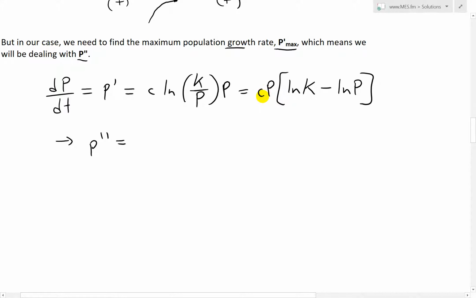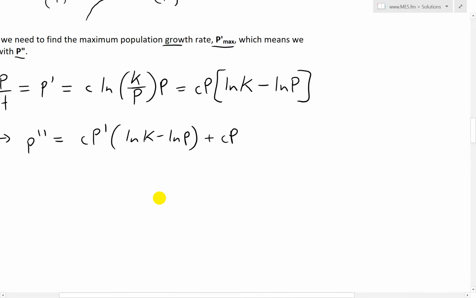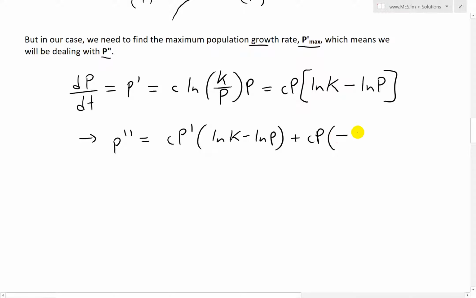So we have cp, derivative of that is just cp prime, and then times ln k minus ln p, and then by product rule we write cp, and now we take the derivative of the inside function here. The derivative of ln k is just 0, since k is just a constant, and then negative ln p, the derivative of that is 1 over p, but then use chain rule, derivative of p is p prime.